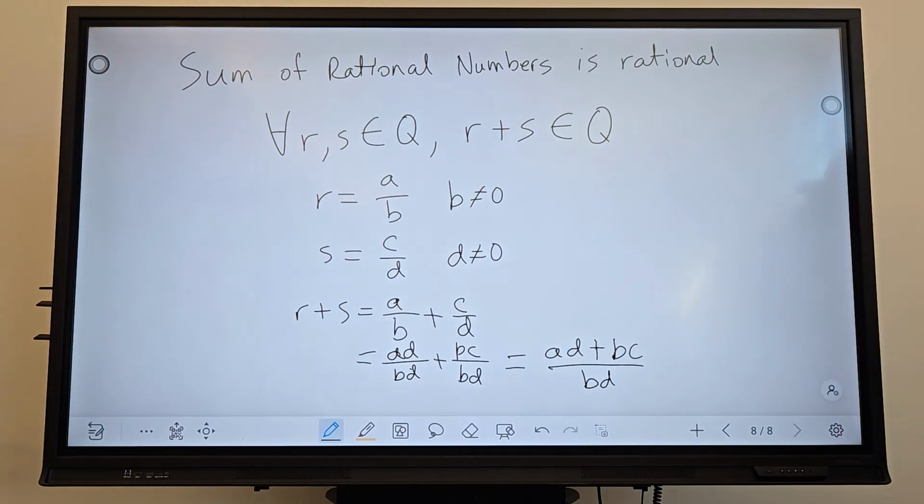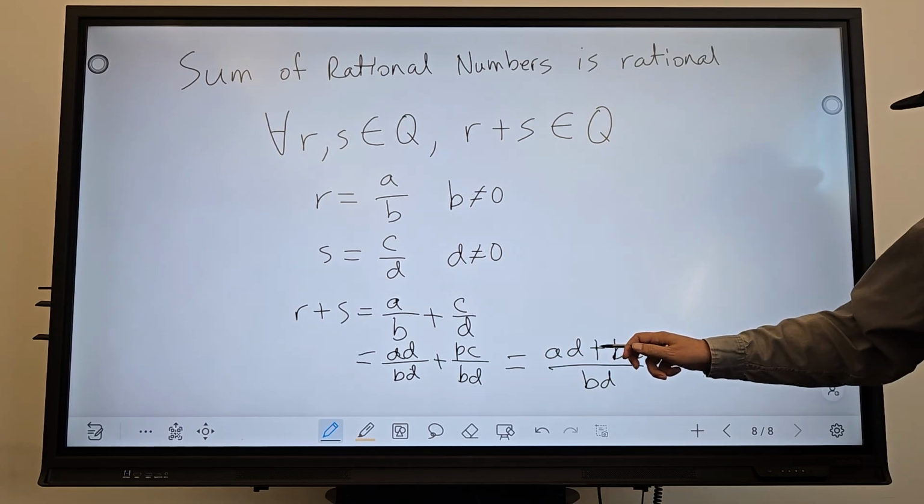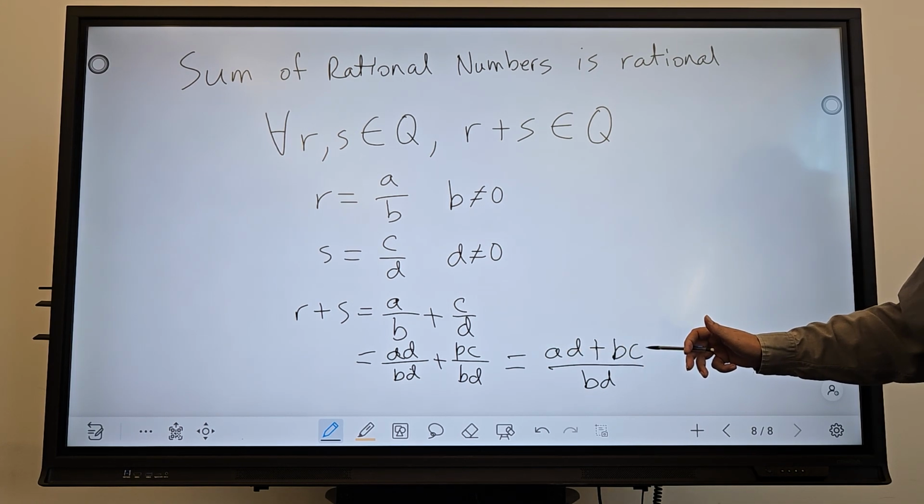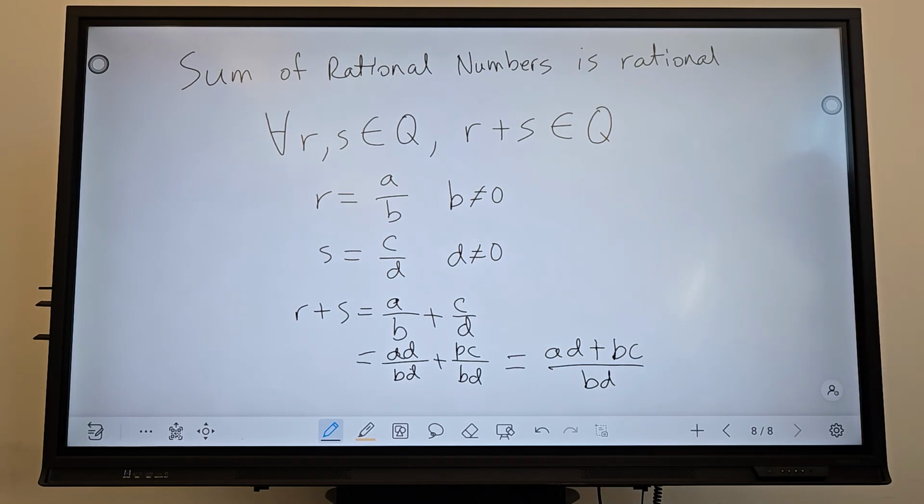And because a, d, b, and c are all integers, the numerator is an integer and the denominator is an integer.